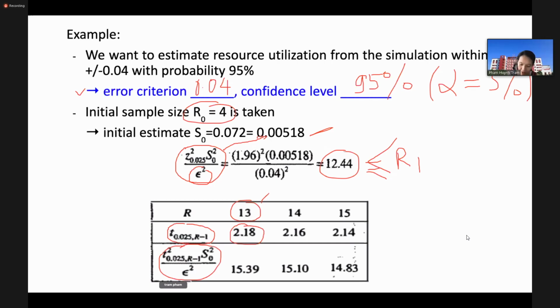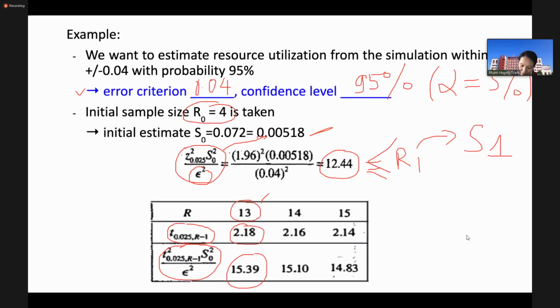Remember, when you run the new 13 times, you will have the new S as well. You plug in the new S and the new T, and we get a new replication number of more than 15.